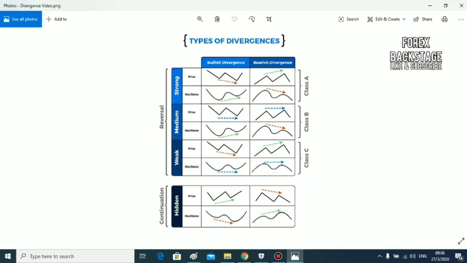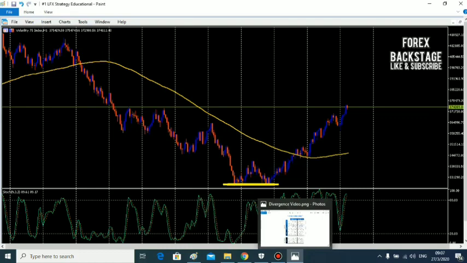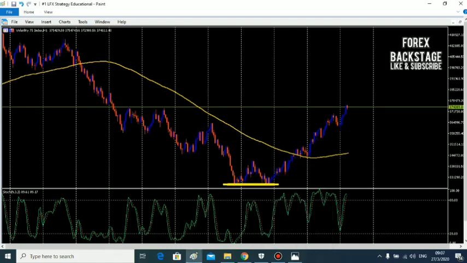Oscillator is going up, but price is flat. Price is flat, which is W, but oscillator is going up. So what do we mean by this? This is bullish divergence. Bullish divergence, meaning to say price is diverging, or is changing from bearish to bullish. So this is what we have. We have 2 lows, 2 hits to the low, same range.